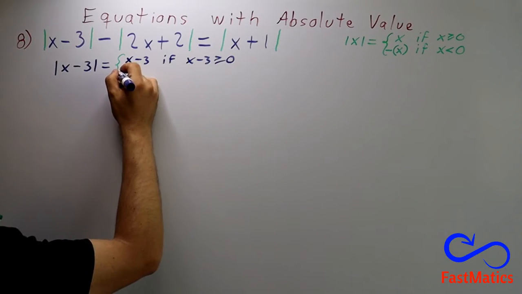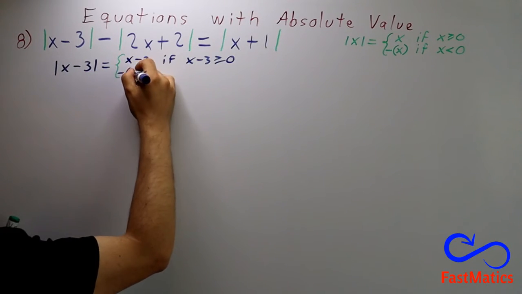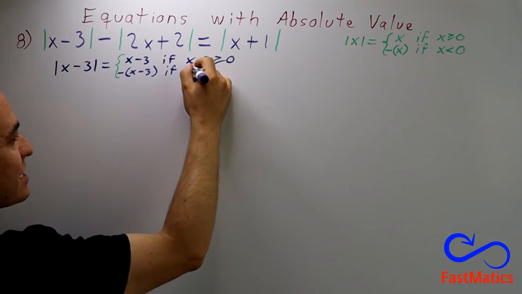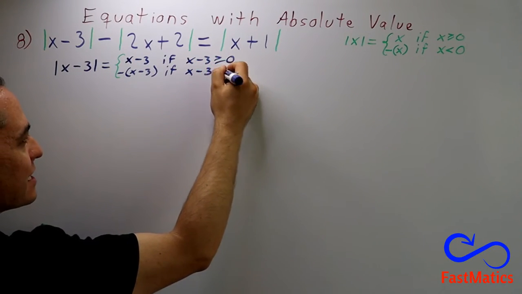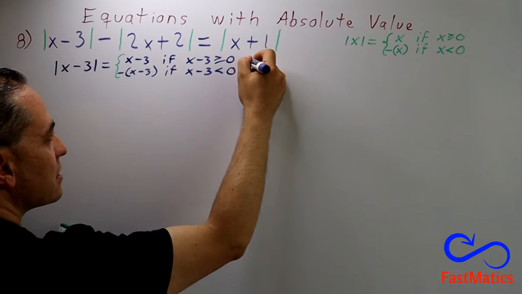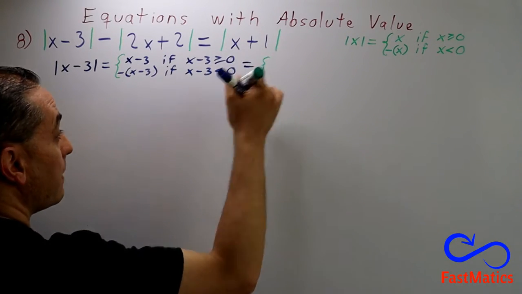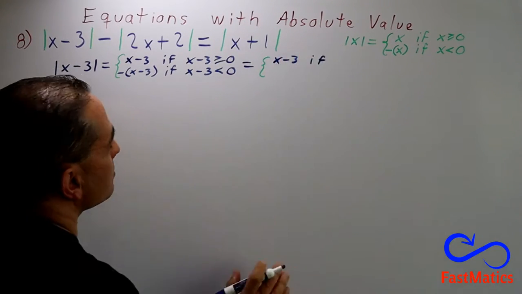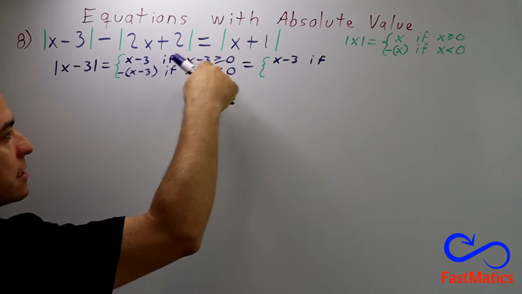But negative the expression that is inside the absolute value if the expression that is inside is less than 0. We can simplify it, and this will be the same expression if x minus 3 is greater than or equal to 0. And here we are going to solve this.